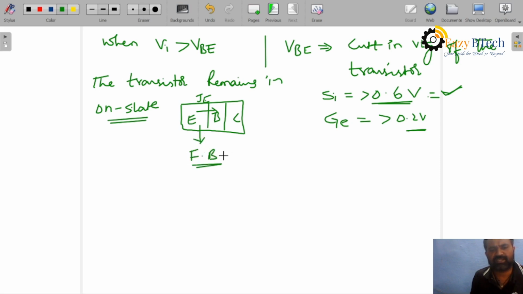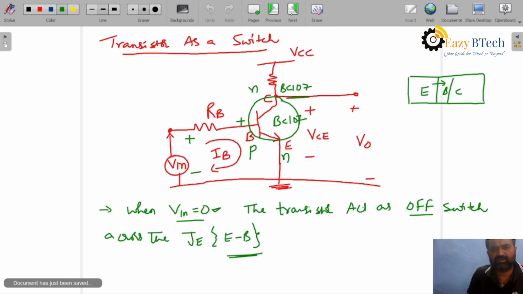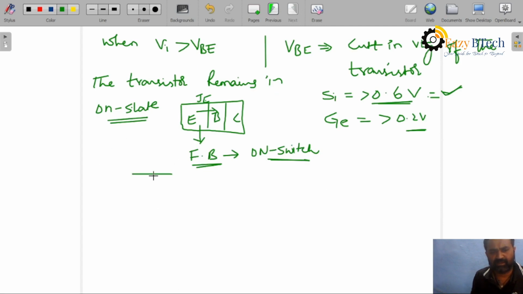Due to forward bias, it can act as an on switch. Now this circuit, between base and emitter, is an on switch. Then it will be like this: RC, short circuit, VCE.